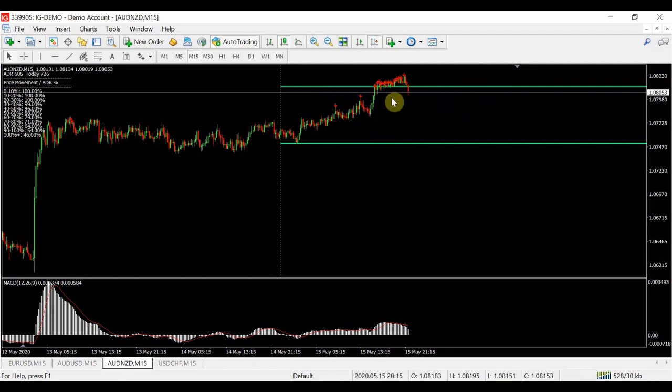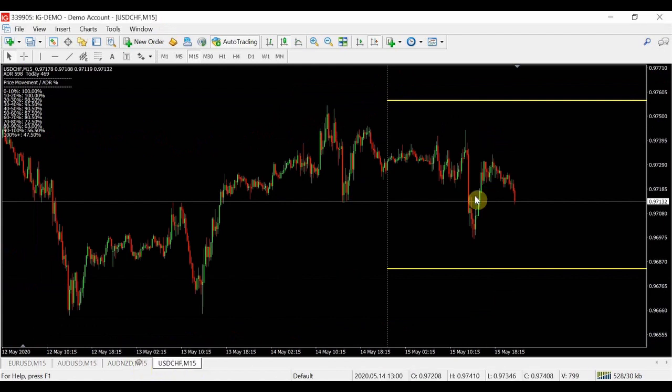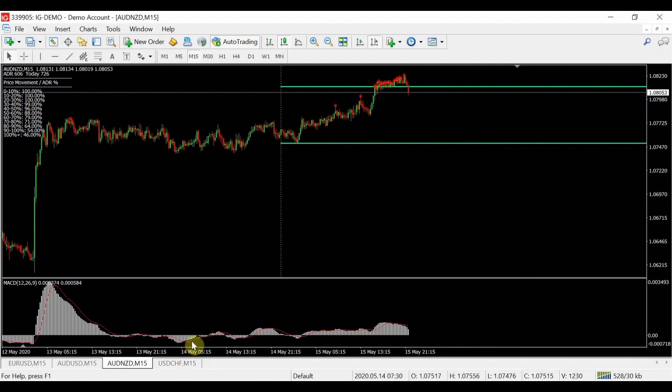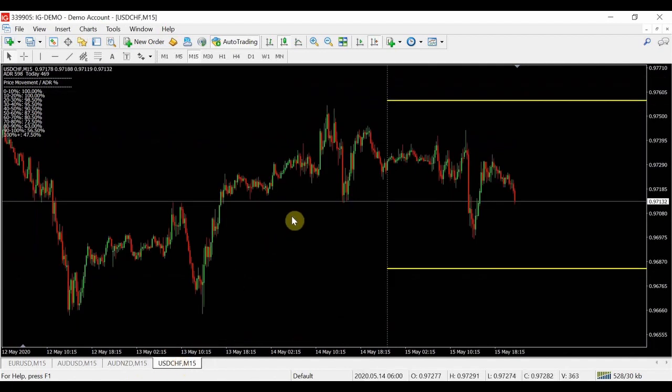So don't worry about these arrows, we can talk about that in a second. Again, it gives you that information of when it doesn't hit the ADR to when it does hit the ADR, it changes color. And you don't have to do that, you can keep the same color. It just gives you a quick, easy representational way to see whether it's hit the ADR or not. So those are the settings, and this is the information displayed based on that.